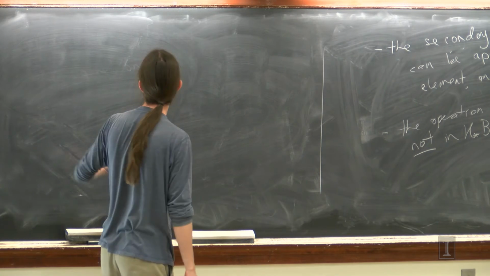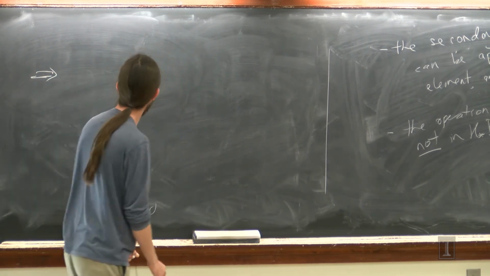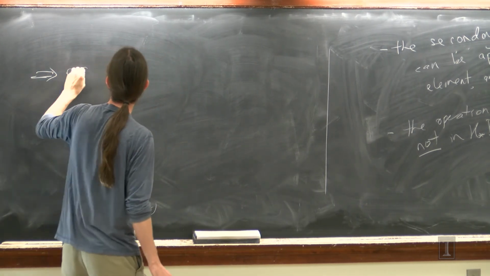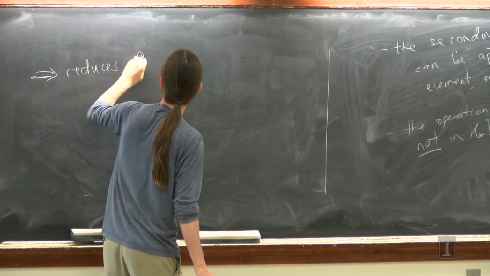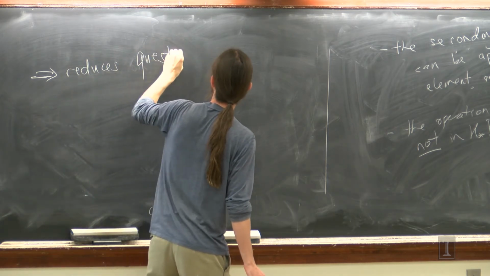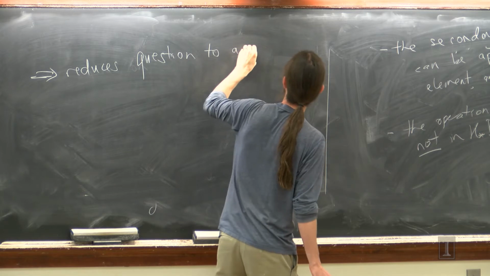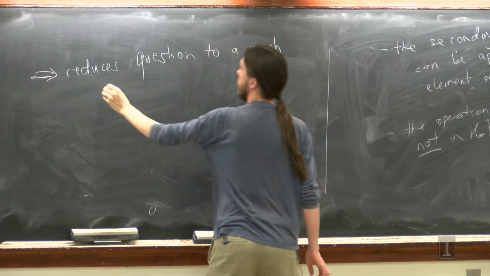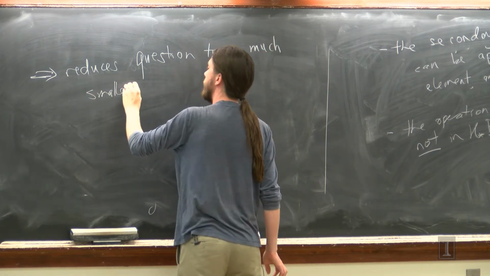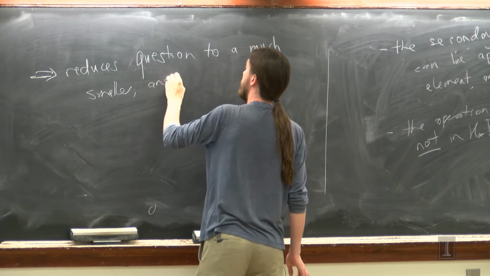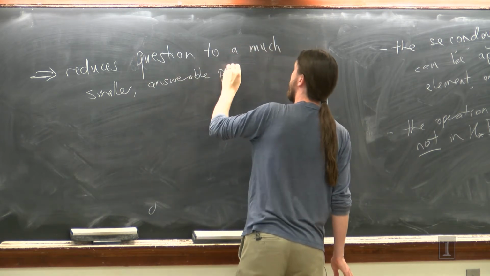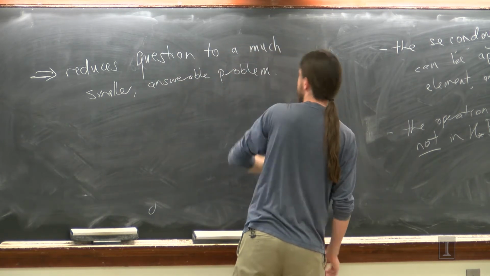And by some amount of work, one reduces the question to a much smaller but actually more answerable problem. And I want to talk about what that problem turned out to be.